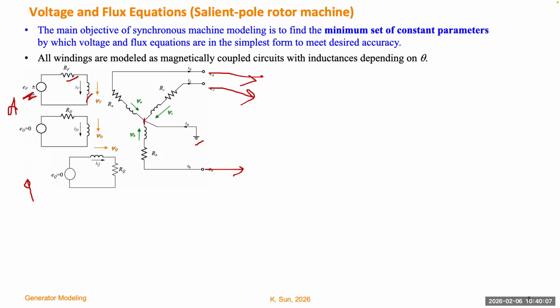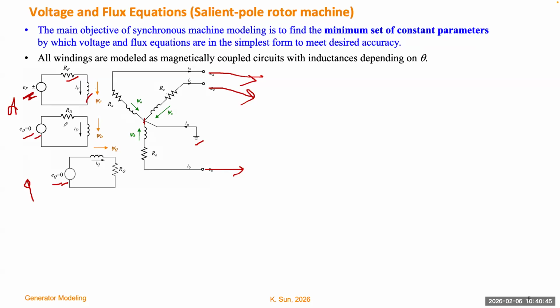But for the other two circuits, which are the damper windings, they don't have an internal source under steady state condition. When the rotor is revolving at constant speed, the damper windings don't need to do anything. But if the rotor is oscillating, there will be current induced inside the damper windings. So we put 0 for the normal condition, but under abnormal conditions, those voltages will be non-zero.